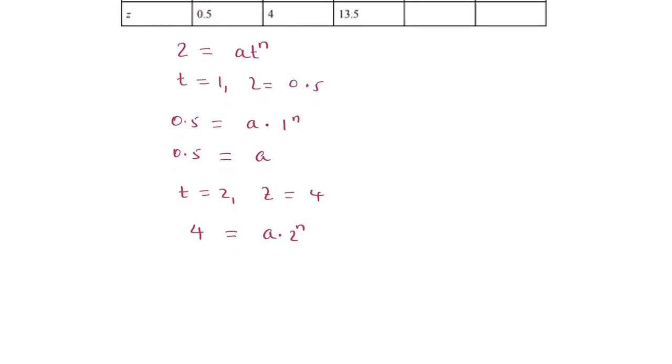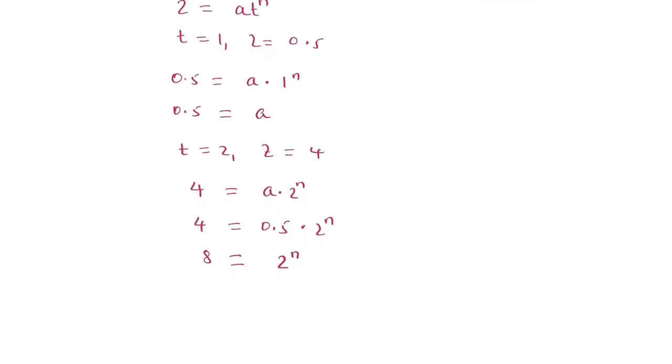Let us now substitute this value. Our equation is going to be 4 equals 0.5 times 2 to the power n. Let us now divide both sides by 0.5. We are going to have 8 equals 2 to the power n.